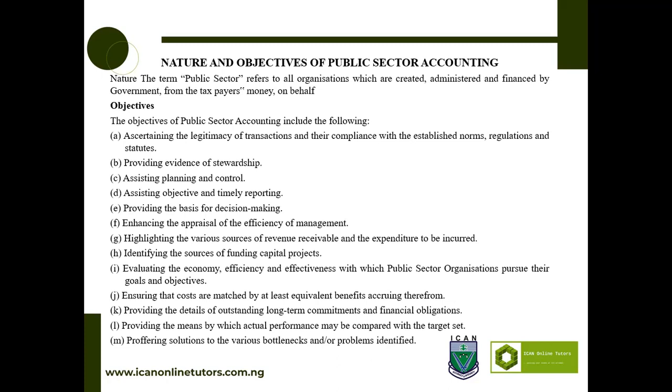It is a set of predetermined figures, which may not be the actual figures that will be generated or expended. So public sector accounting provides a means for variances, that is, to monitor performance between what was budgeted for and what was actually incurred or generated.